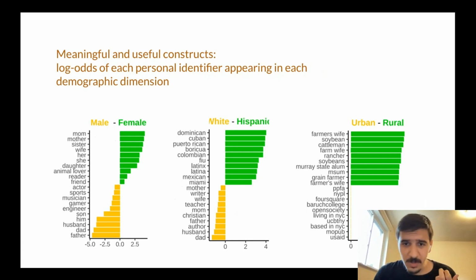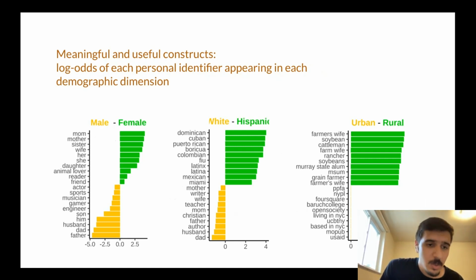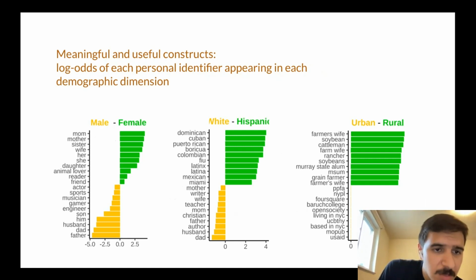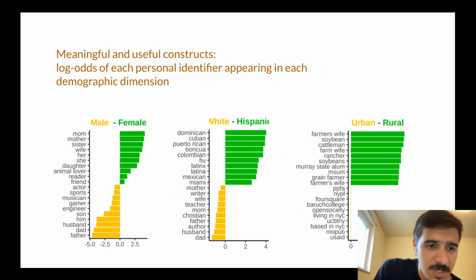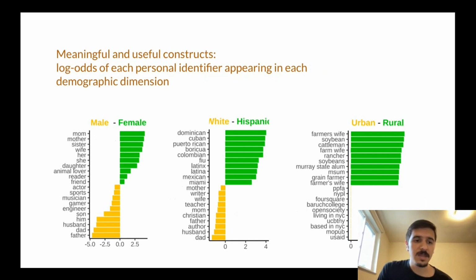For example, in the dimension of gender, we observe that these personal identifiers that the algorithm extracted are completely aligned with the gender female, and these are completely aligned with the gender male.